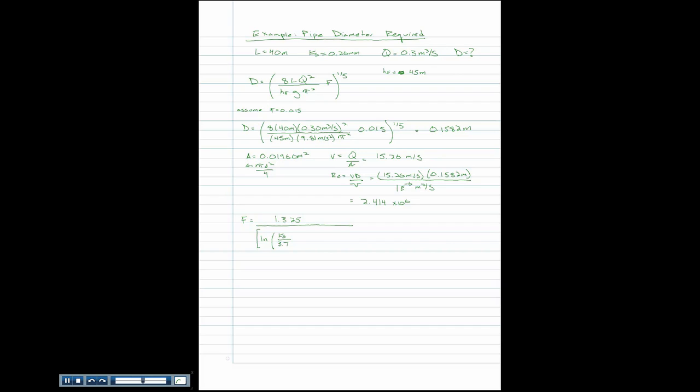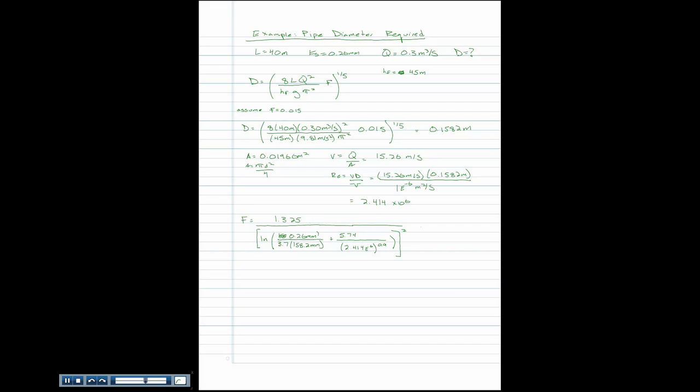And our diameter here is 158.2 millimeters for this pipe. By the way, the epsilon is 0.26 millimeters in this example. And 5.74, the Reynolds number 2.414 times 10 to the 6th to the 0.9 power.